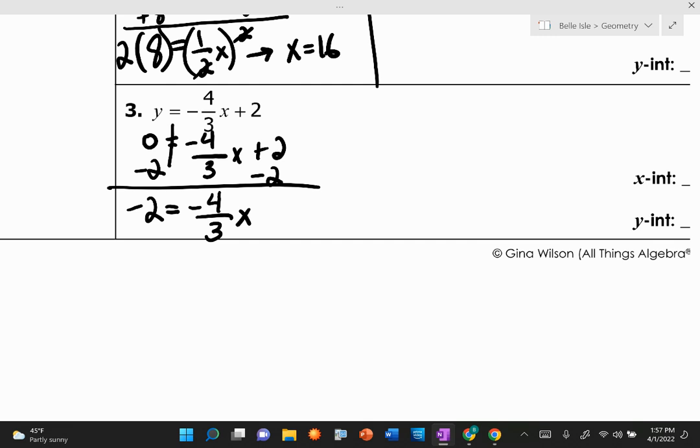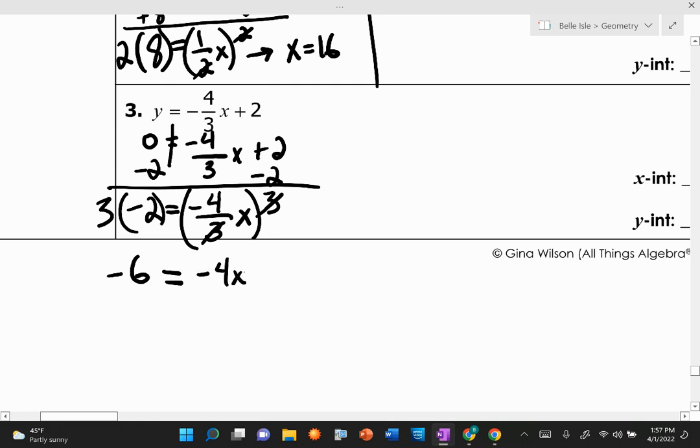What's the first step? Multiply by the denominator, so multiply both sides by 3. That gives you -6 on the left, and the 3's cancel out on the right and give you -4x.